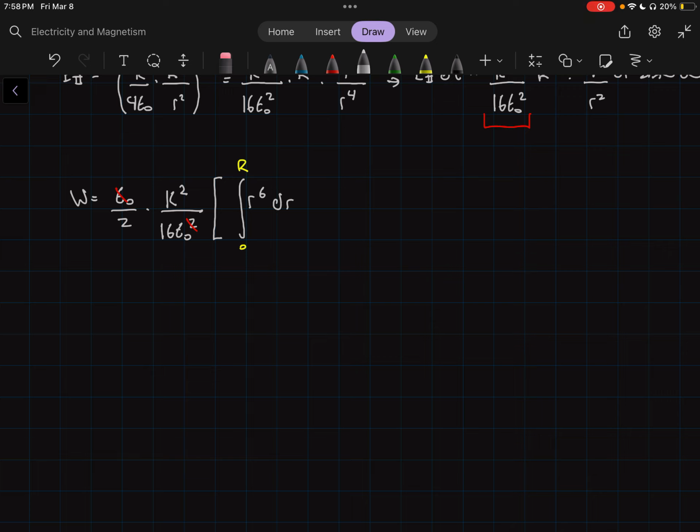dr. And then I'm just going to write that the integral of sine theta d theta from 0 to pi times the integral of d phi from 0 to 2 pi. I'm going to write that out so you know what I'm doing, but then I'll erase it, and I'll say that that is just times 4 pi, because we know from doing it previously that that's what we'll get.